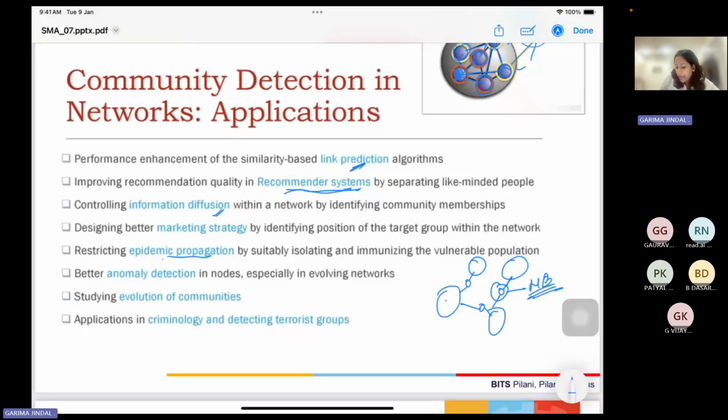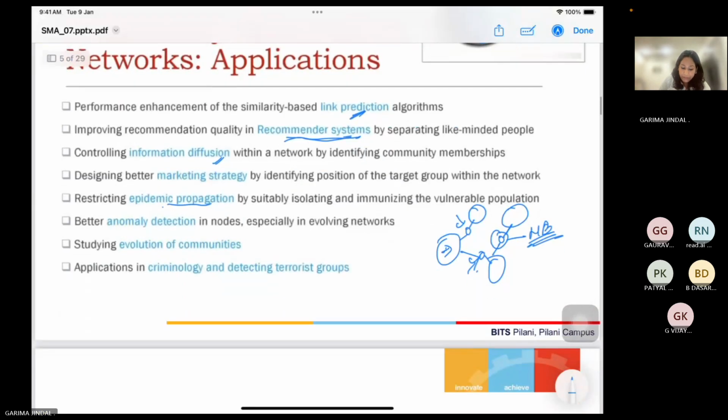For example, we have information that a disease has spread in this particular community. Now, in order to stop the spreading of this disease to other communities, we have to vaccinate these nodes. That's another example where we can see that identification of communities is a very important problem when we are trying to solve problems related to social network analysis.